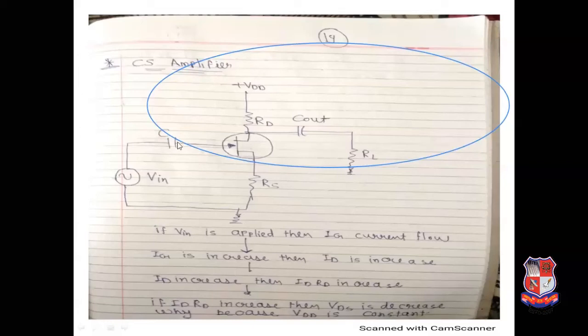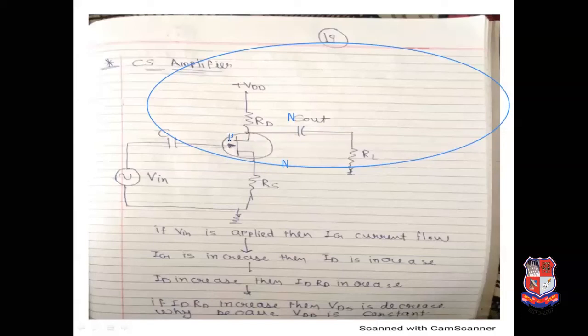How is it possible? See, consider here the P terminal and here the N terminal, because an N channel JFET is present. Consider the N channel JFET. For the N channel JFET, if V is applied, then IG current flows, because the P terminal contains positive charge.